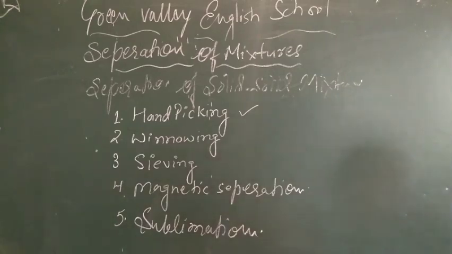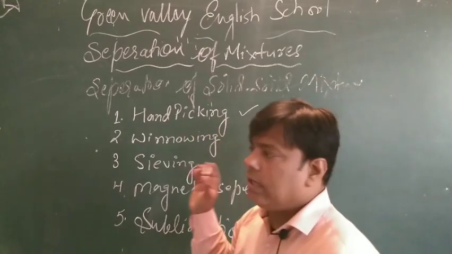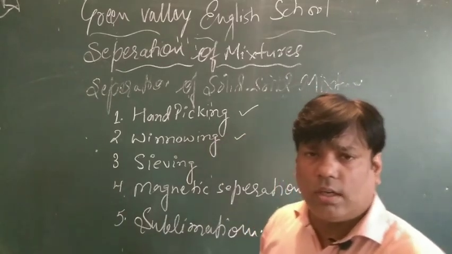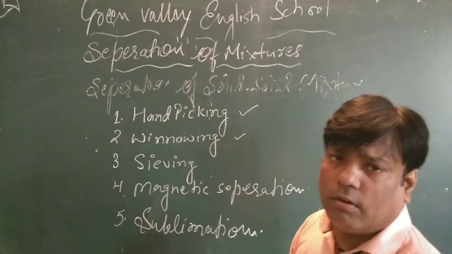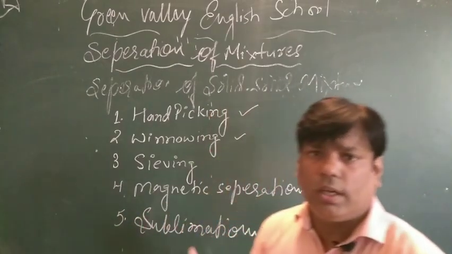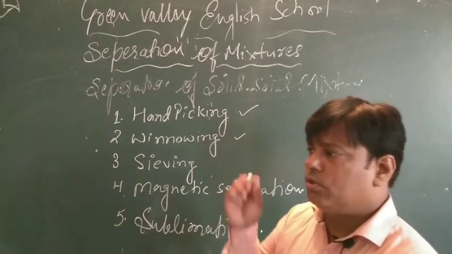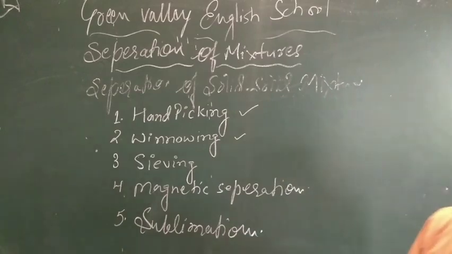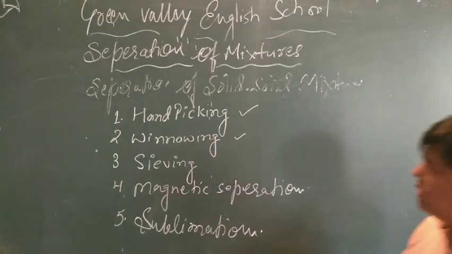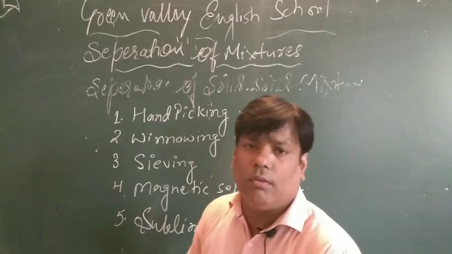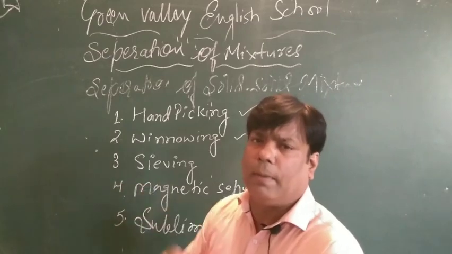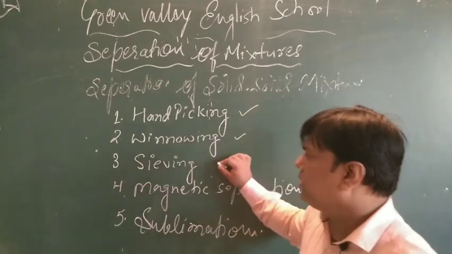The method of separating heavier and lighter components of a mixture by wind. Farmers use this on their crops to remove the husk. For example, with rice, they use winnowing to remove the cover from the crop. So this method is based on the difference in weight of the constituent particles.